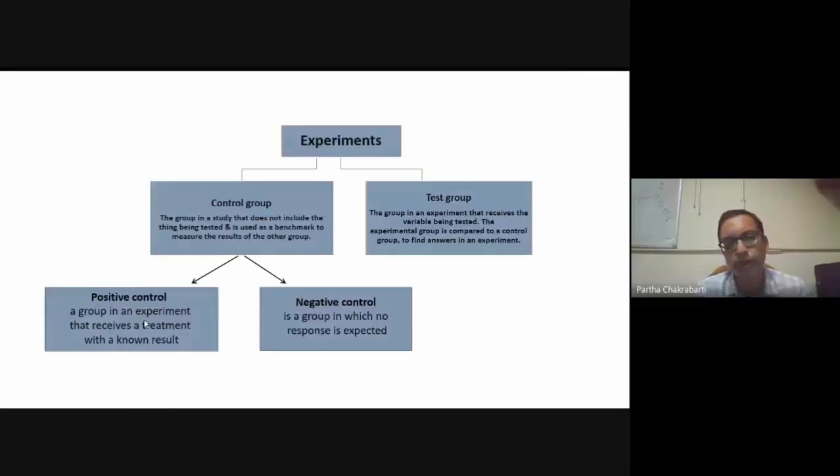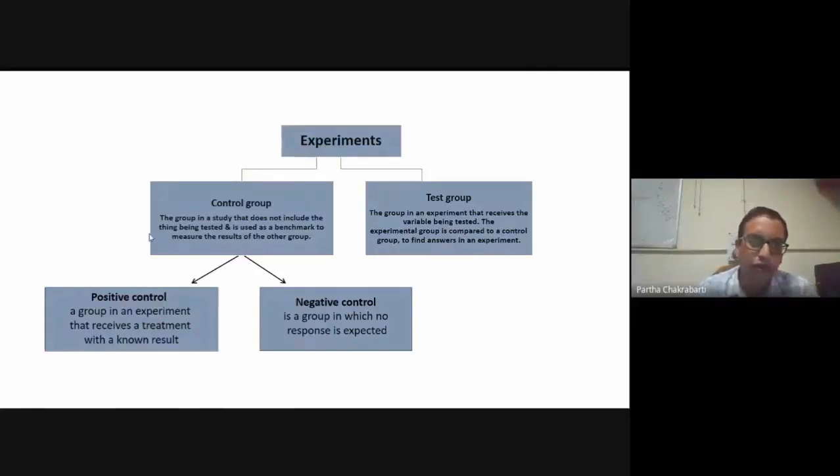But in biology, as I have already said, the entire system is probabilistic in nature. So the experiments are a bit different from traditional chemistry or physics experiments. For a biological experiment, you always need at least two groups to start with, right? One is called control and one is test, right?